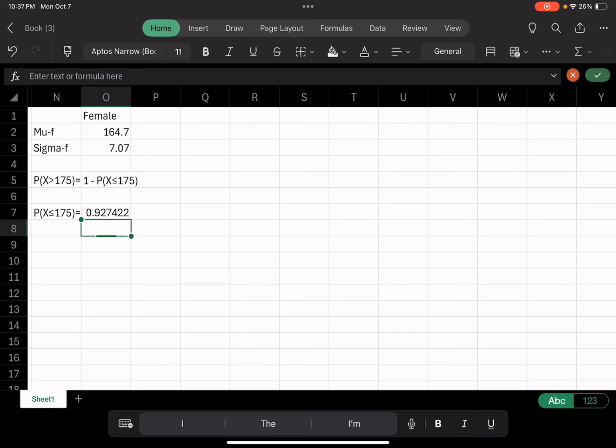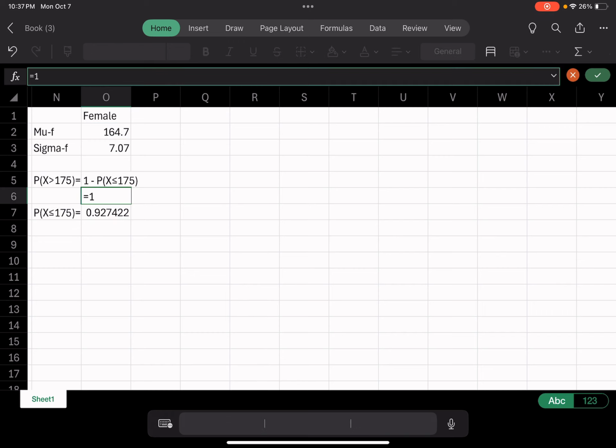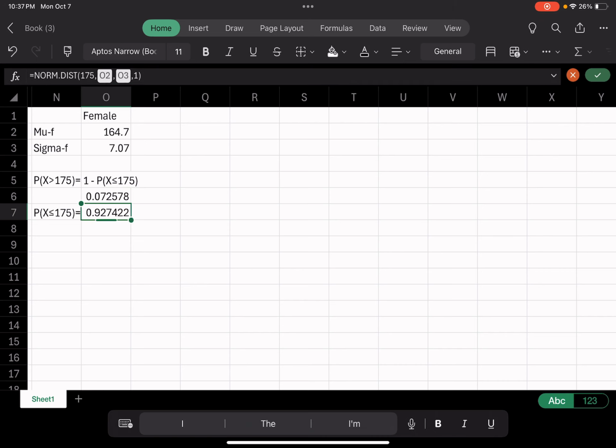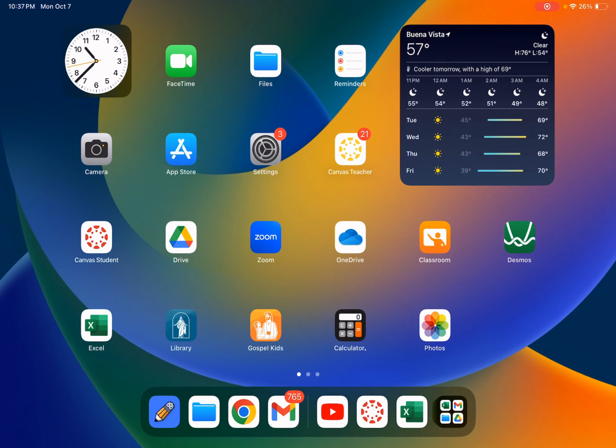Press enter, and there's my probability there. Now that's not what I'm looking for. I want 1 minus that. So I'll press enter, and that right there is the actual probability I'm looking for, 0.073. It's rounded to 3 decimal places.